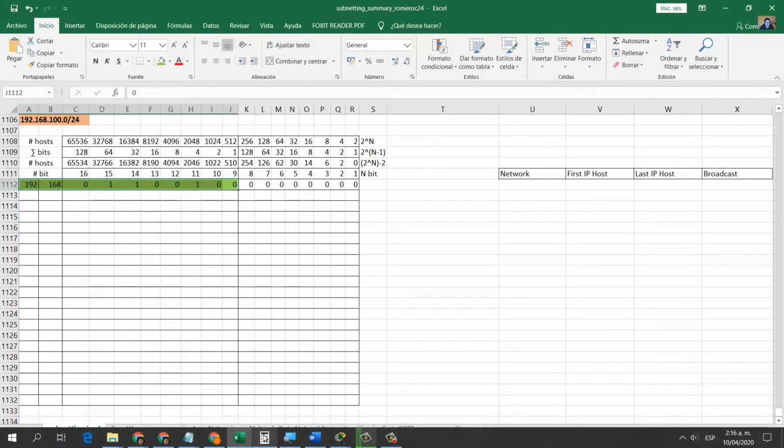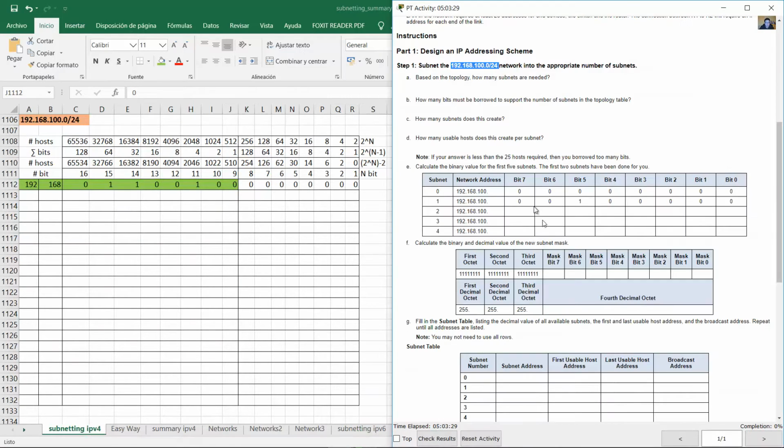But I said, how many bits must be borrowed to support the number of subnets in the topology table? I said 3 bits, and that creates 8 subnets, and we'll have 30 hosts per subnet.